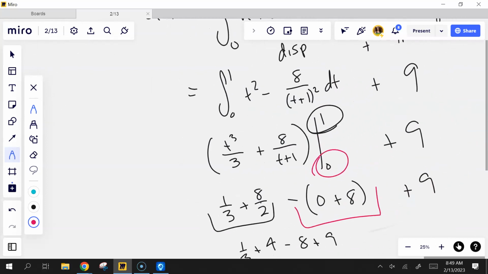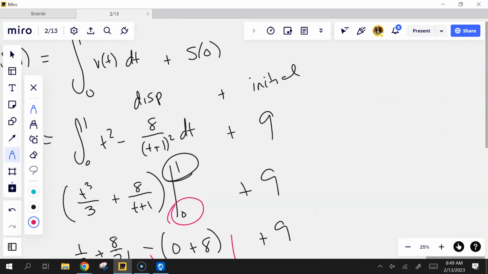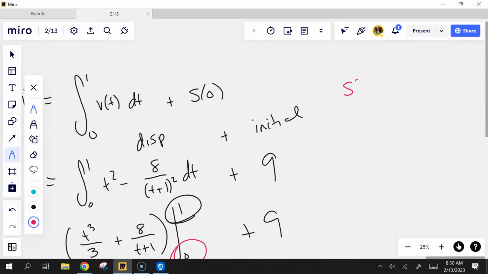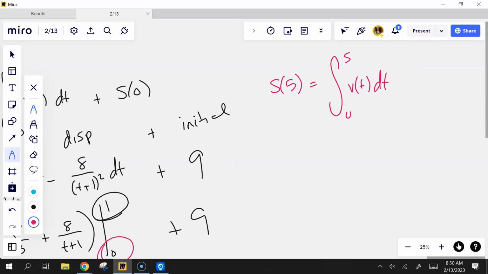Somebody said the second one. What was that? S of 5? So I'm going to do displacement from 0 to 5, and then I'm going to add in that 9, which was that initial condition.